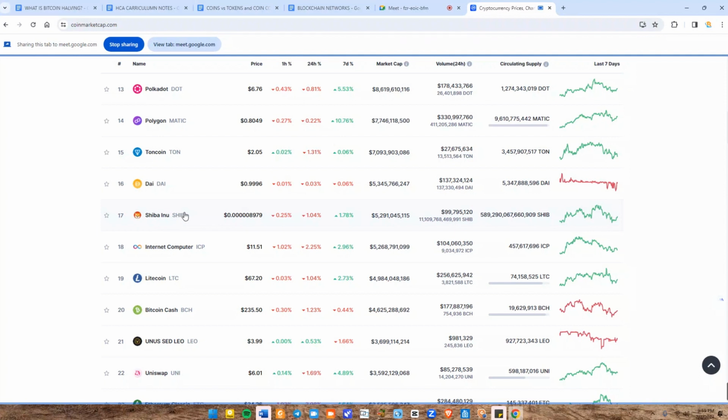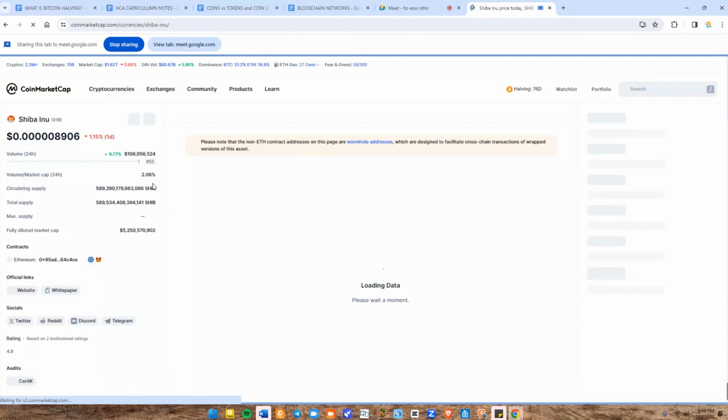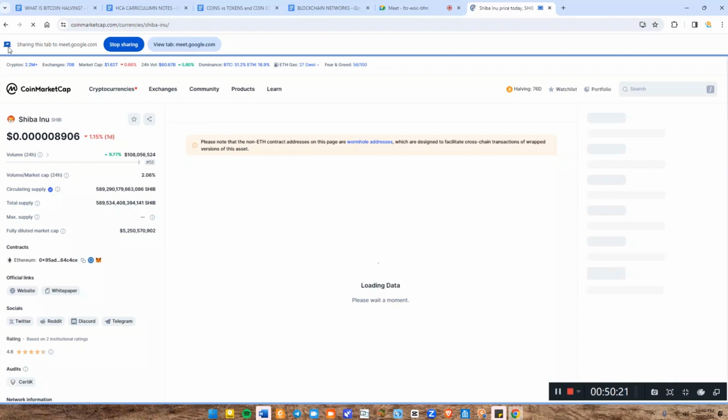Yes. Okay, good. If, for example, I click on Shiba Inu, and then you come here, you can see the contract, okay? This tells you that Shiba Inu has been built on the Ethereum network. It's that simple. So this platform will help you to know which blockchain network a project has been built on.